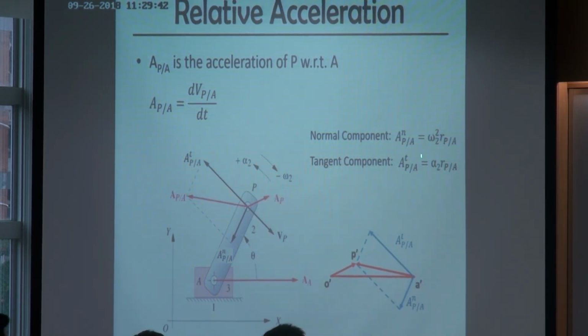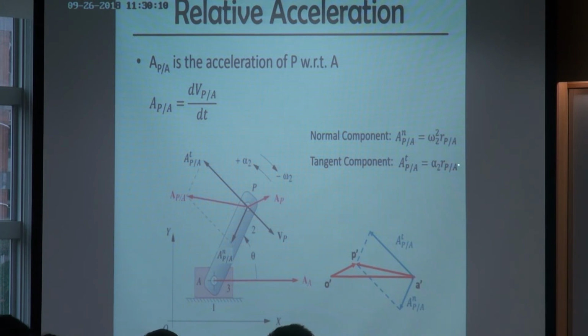So if you've done the velocity analysis, we can already get this normal component or centripetal component just by doing the velocity analysis. We don't need to perform acceleration analysis in order to obtain this term. Once you've done the velocity analysis, you can get this one immediately.